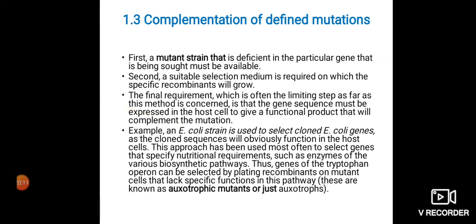Then we come back to complementation of defined mutations, like the alpha complementation I spoke about. Here, specifically, we can talk about the nutritional components. For example, it can be an enzyme which is part of a particular synthetic pathway, or the utilization of a particular carbon source within the medium, or production of some amino acids or some nucleotides.